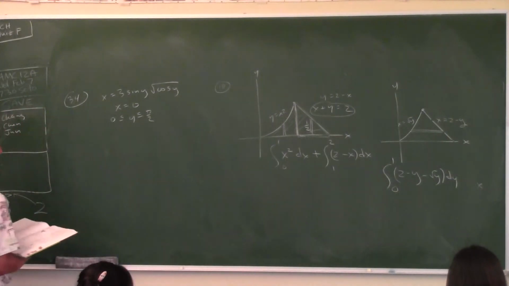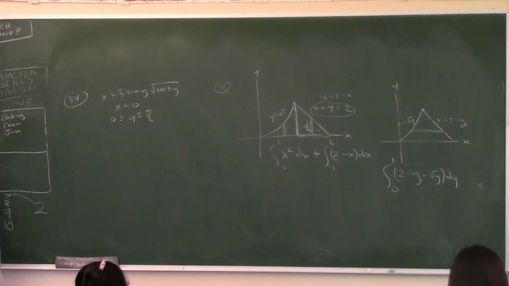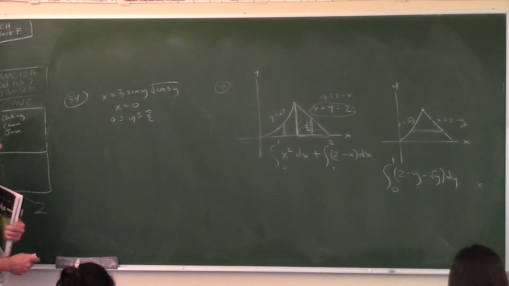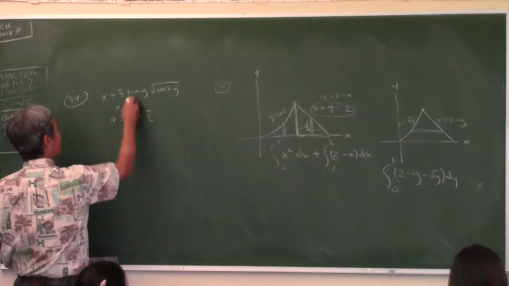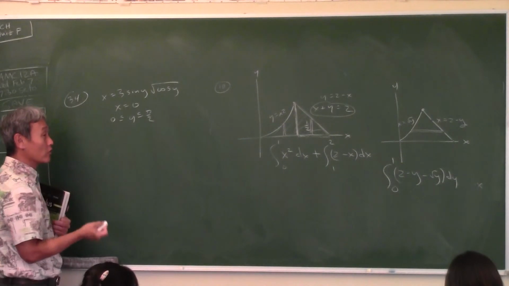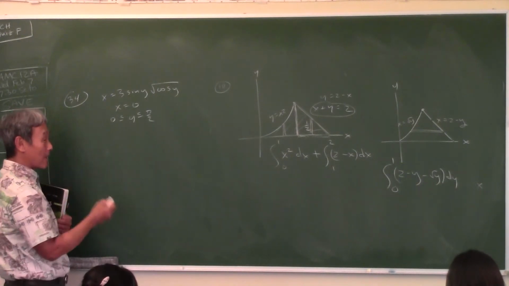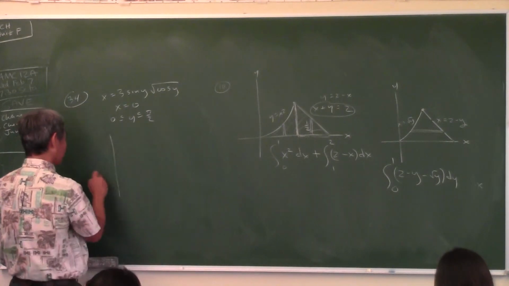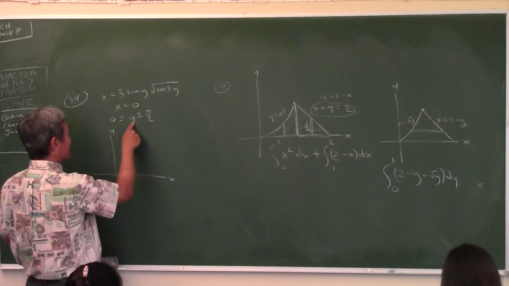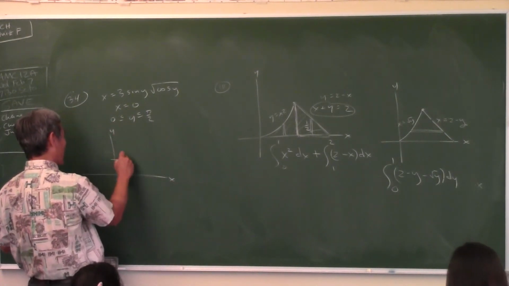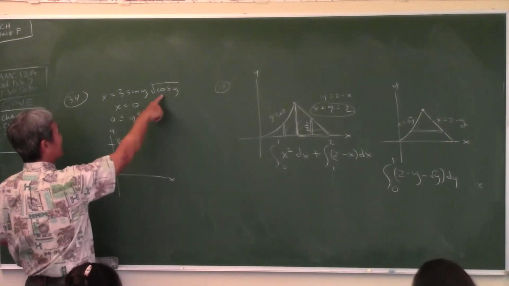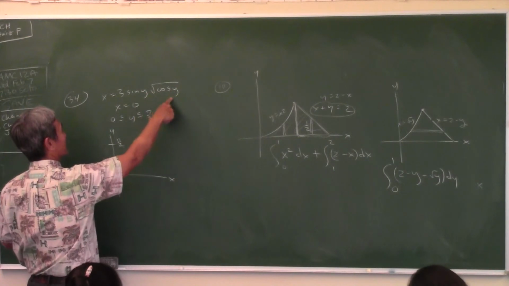Okay, now you must have a graph now. This is weird. Okay, and like I told you before, if you don't know what a graph looks like, plot the endpoints and one point in between and just connect the dots. Now look, it says y goes from 0 to pi over 2. So what happens when I plug in 0 for y into this?